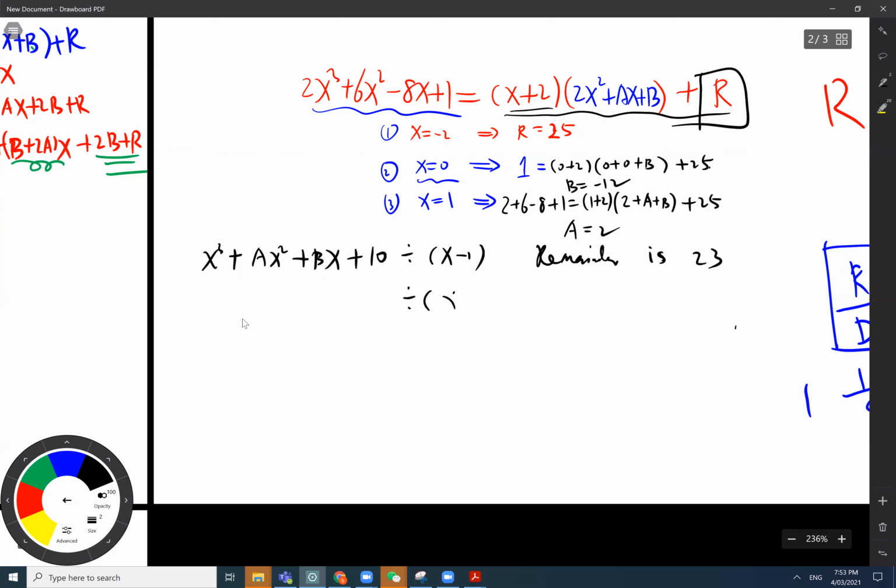Divided by x minus 2. Remainder is 16. What are A and B? Guys, have a try.